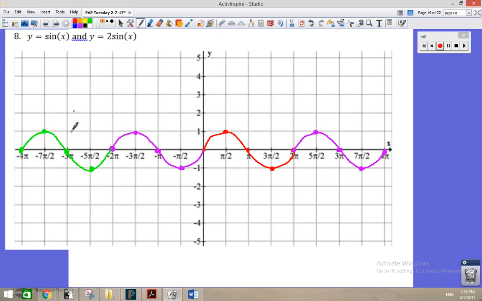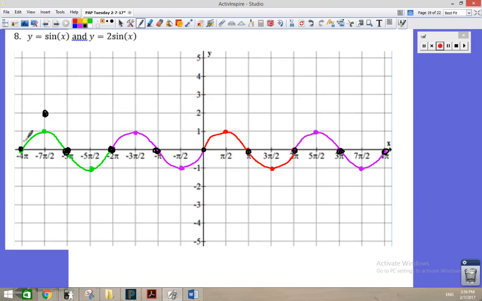So when these y values are all 0 because you're on the x-axis, you haven't gone up or down. And when I take 2 times 0, it has the same x-intercepts, but now all the y-coordinates get multiplied by 2. Here at this point the y-coordinate is 1. When you multiply it by 2, it's here.